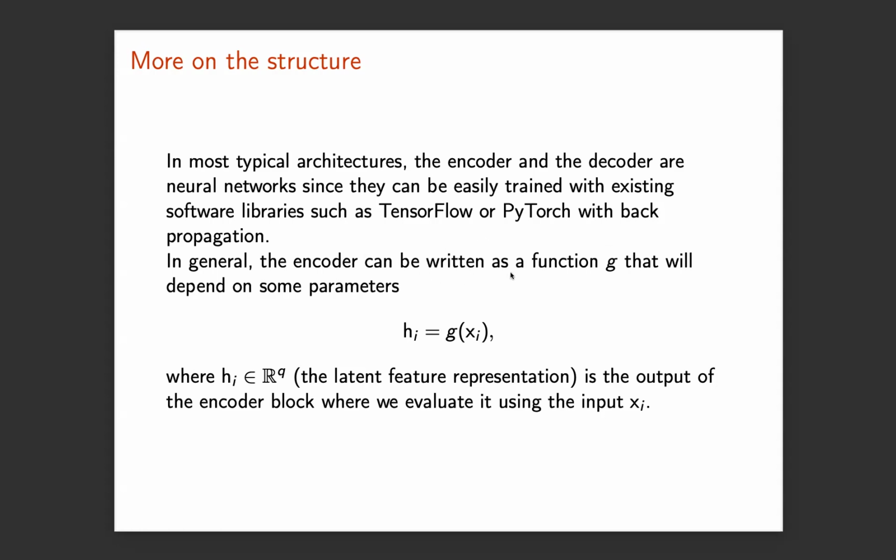So the encoder can be written as a function f that depends on some parameters, where h is the output of the encoder block. Normally this h is smaller, ideally much smaller, than the original space x.